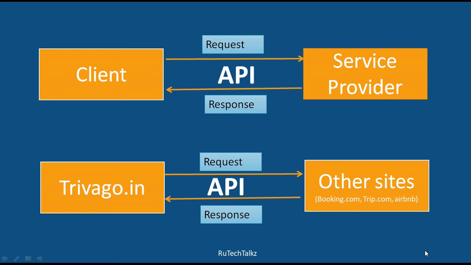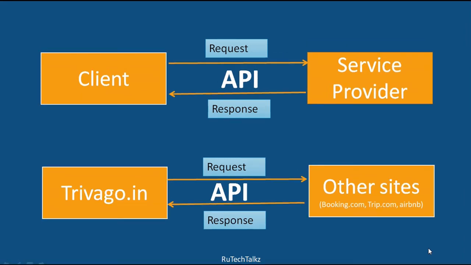They use APIs. So API is an interface that runs and delivers the details or data from the application you are using to the other application over the internet. It then takes the response from the other application and delivers it back to your application.